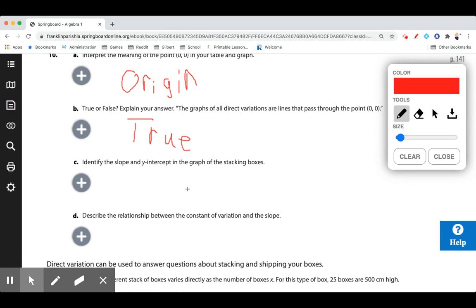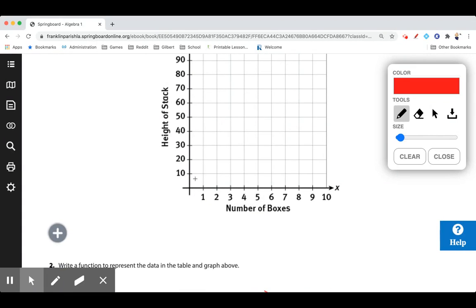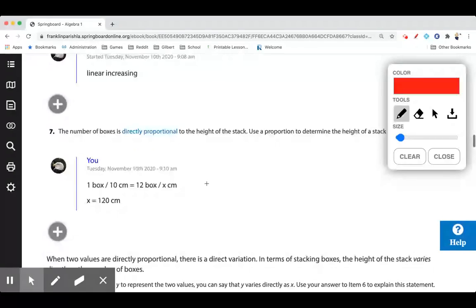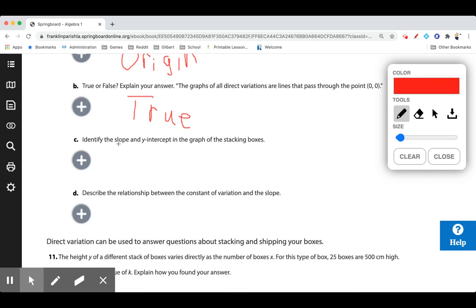Identify the slope and y-intercept of the graph of the stacking boxes. Well, we had 10, 20, 30. So our y-intercept is 0. And our slope is rise 10 over 1, 10 over 1, 10 over 1. 10 is our slope. So slope is 10.